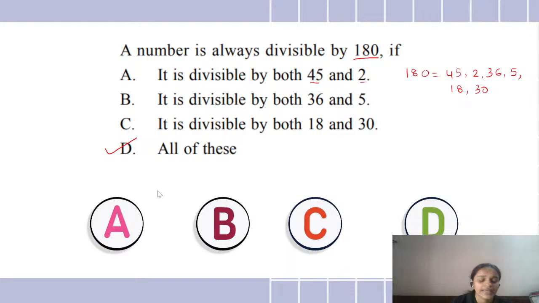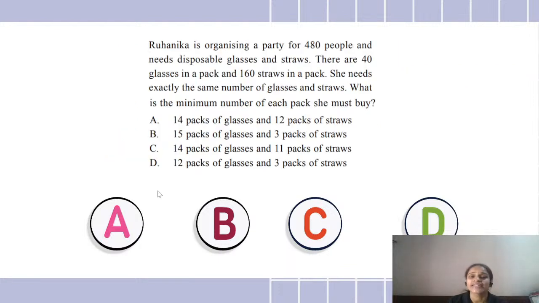Okay. Children, let's continue and come to the next question, which reads like this. Ruhanika is organizing a party for 480 people and needs disposable glasses and straws. There are 40 glasses in a pack, 160 straws in a pack. एक पैक में कितने glasses हैं? 40, और एक पैक में कितने straws हैं? 160 straws.